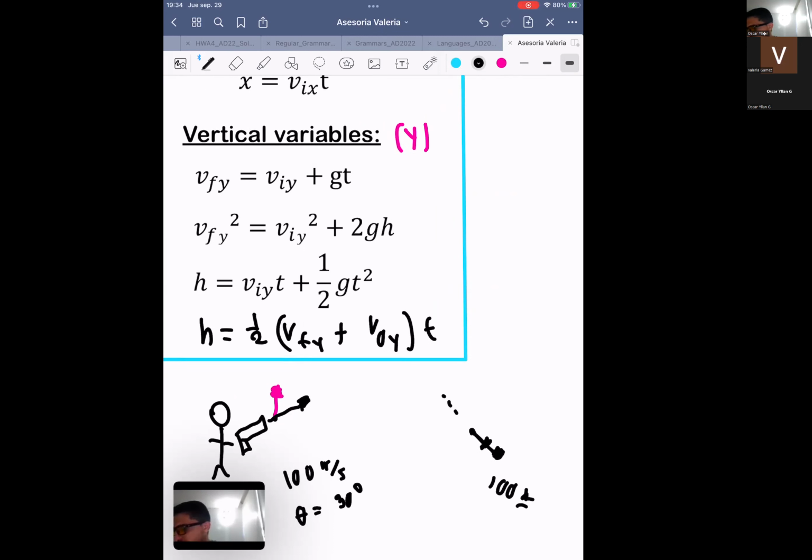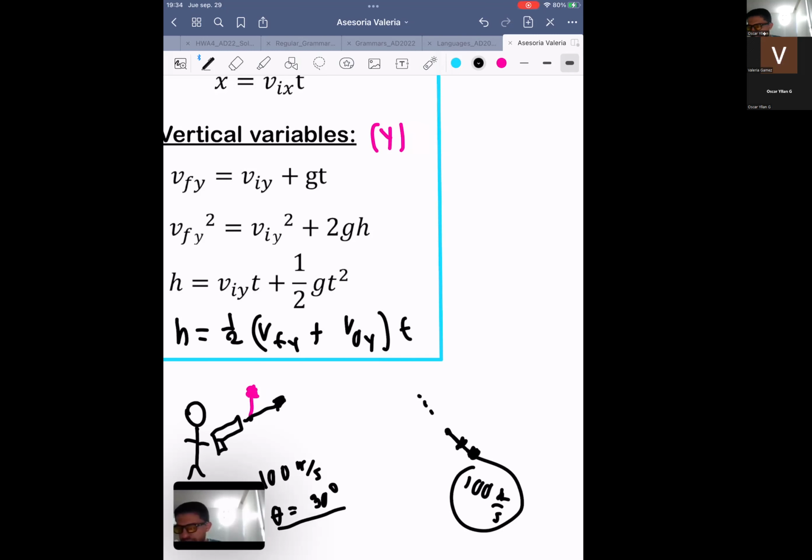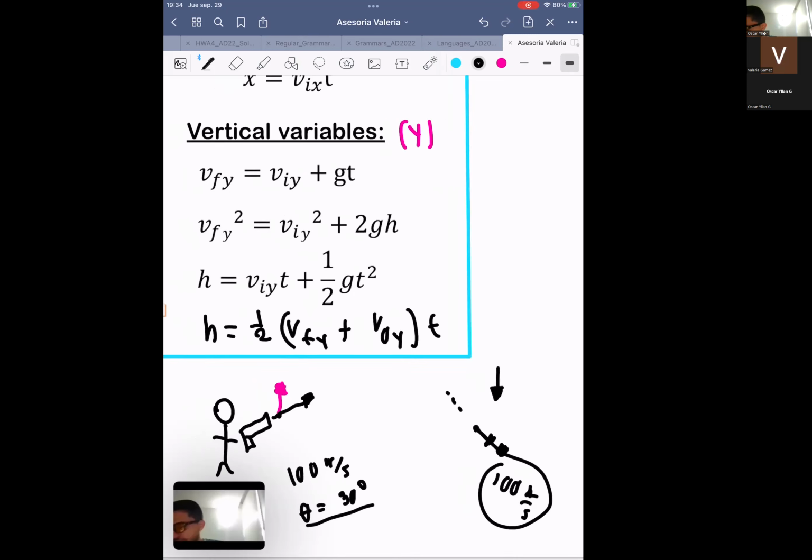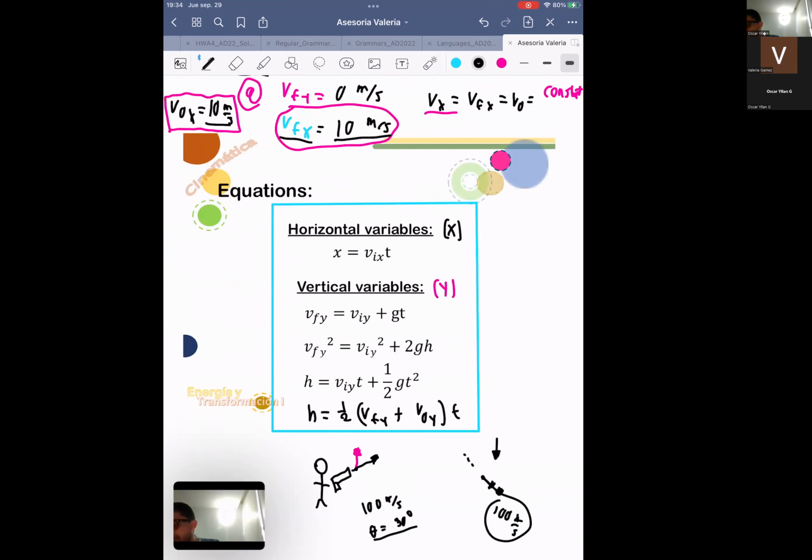It's also going to be 100 meters per second, because it's exactly the same magnitude of velocity. The only thing that changes is the direction, because now it's going down in Y. But the magnitude is the same. That's why lost bullets are really dangerous.